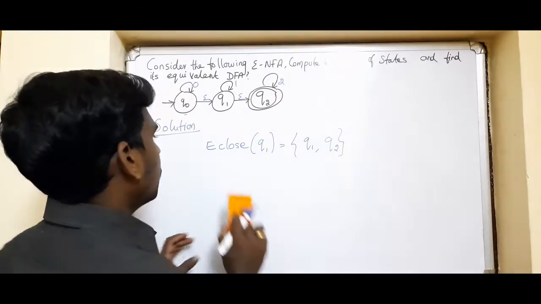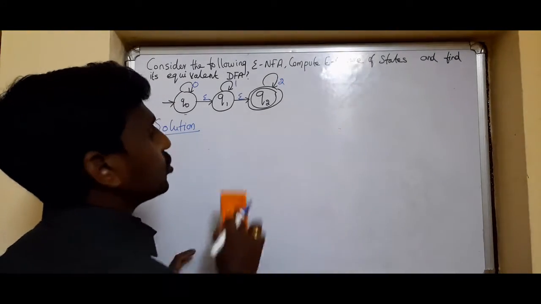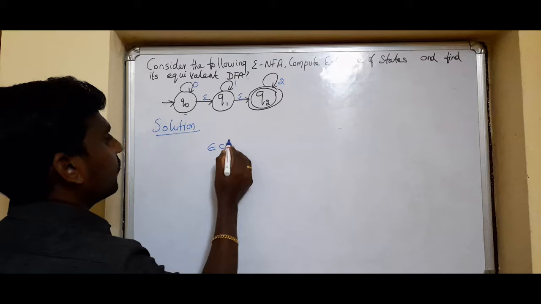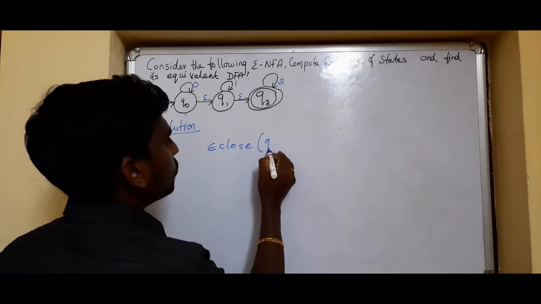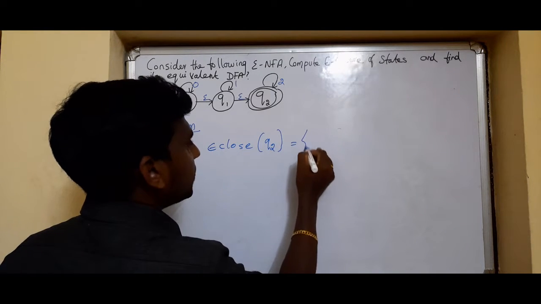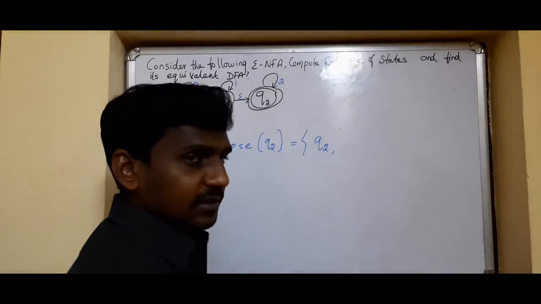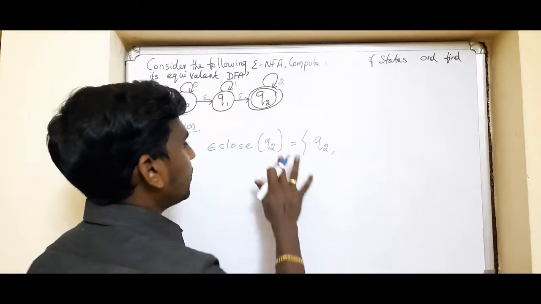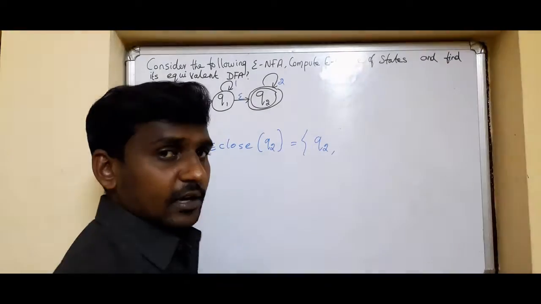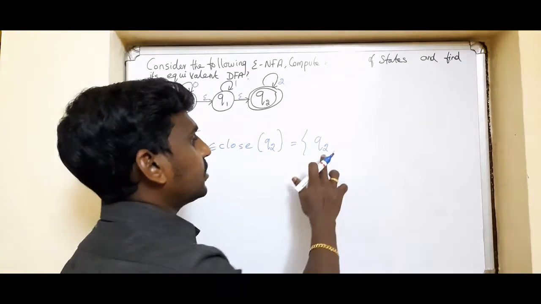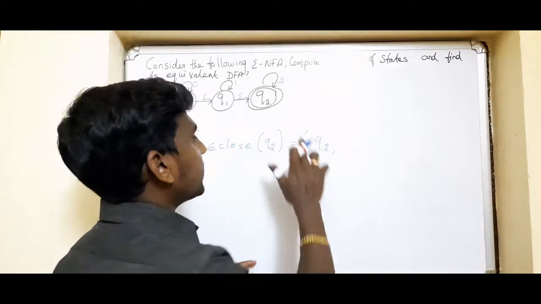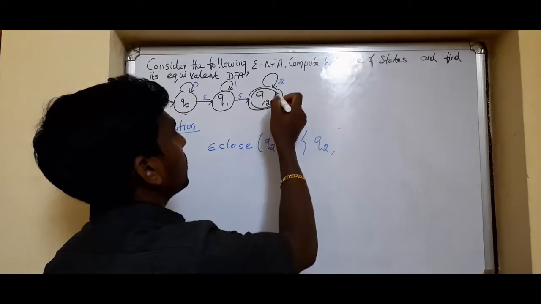What is E-closure of Q2? I have to write Q2 first. That is mandatory. Whichever state I am going to find E-closure of, that state should be there. Then I check from Q2 where epsilon moves go.